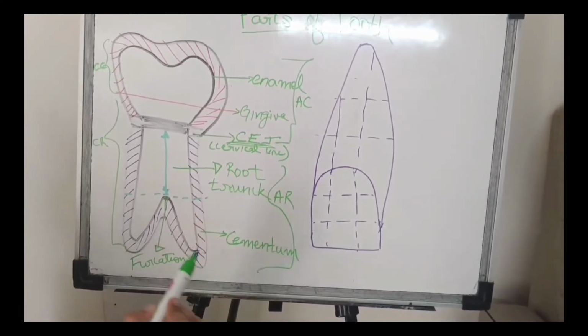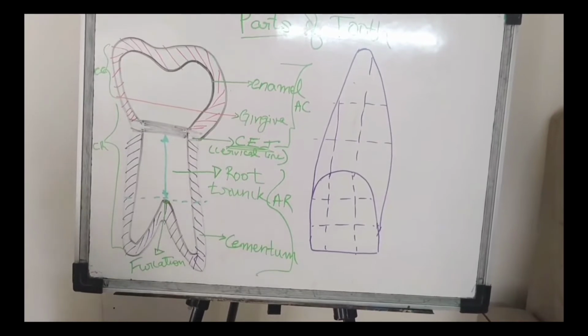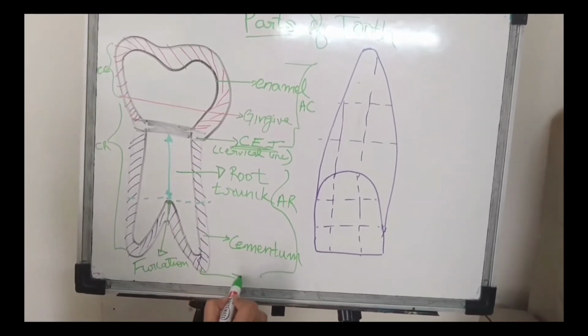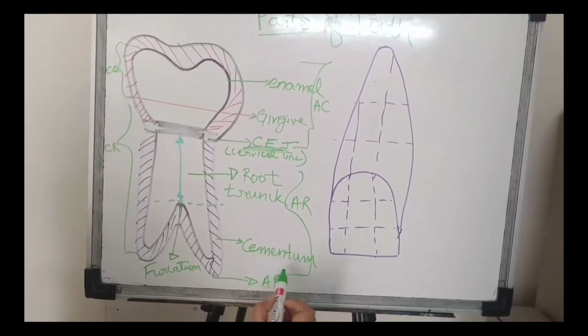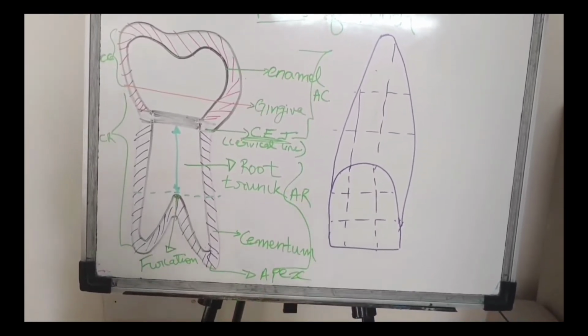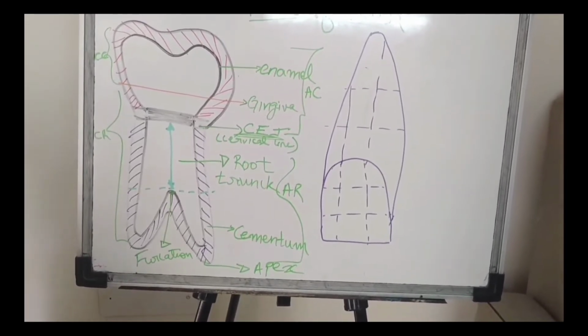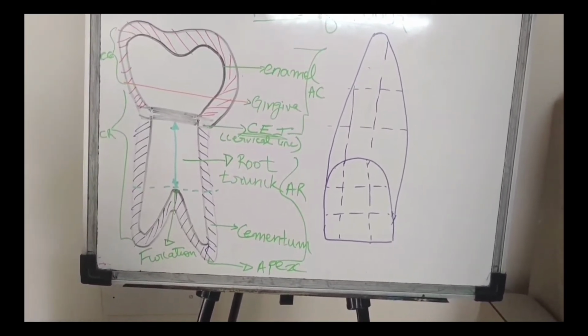This is the root trunk. We know that the tip of the root is the apex. So here basic terms we are clear with. Now let's move on to the next diagram.